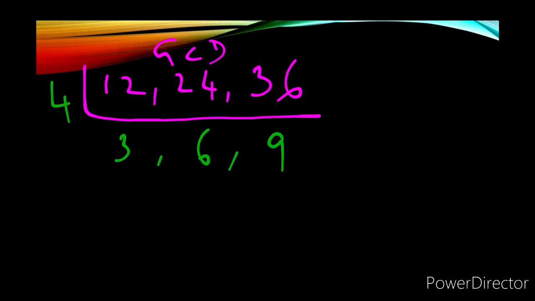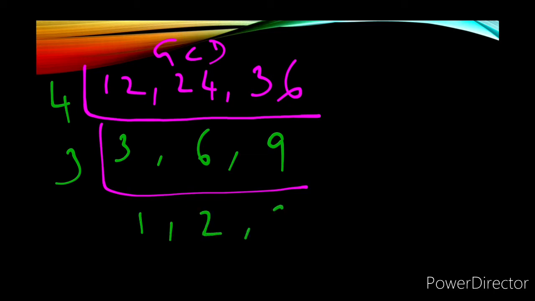Again, I divide this by 3. 3 1s are 3. 3 2s are 6. 3 3s are 9. So we are unable to divide further, so leave as it is. Therefore GCD is equal to 4 into 3 is equal to 12. So this is GCD.